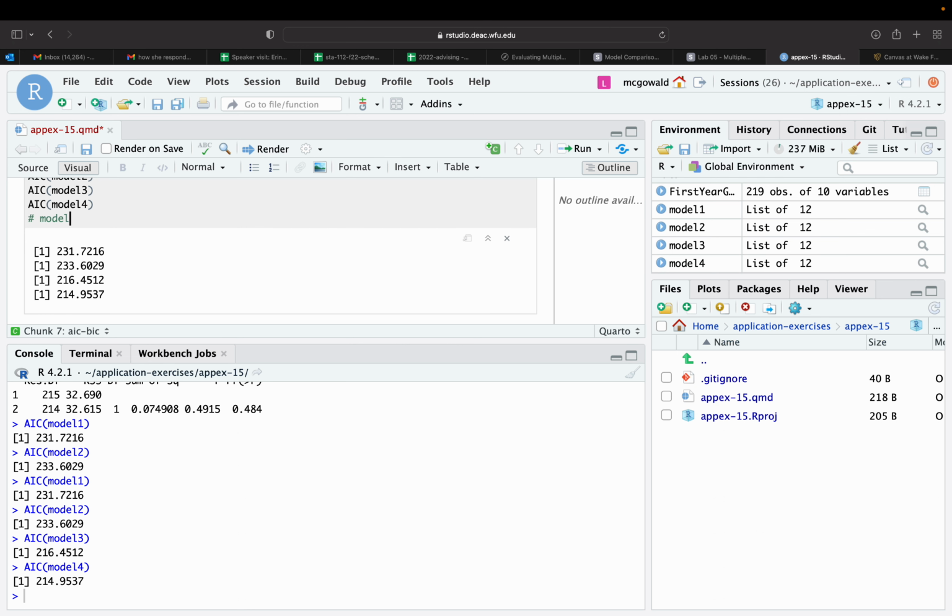Model 4, we know that because it's the smallest, and smaller AIC is better. And what's the next best? Model 3, and then which one's next? Model 1, and then Model 2, exactly. So AIC, it turns out, agreed with what we saw from our F-test, which also suggested that Model 4 was the best.